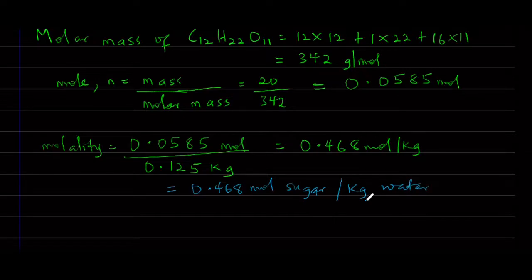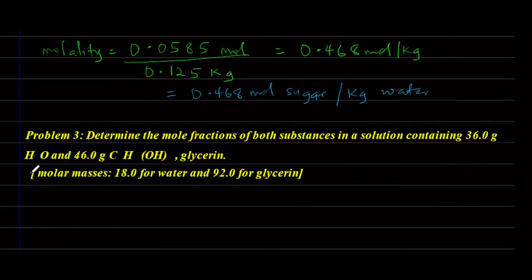So this is all about the second problem. Now let's look at the third question. The third problem says determine the mole fractions of both substances in a solution containing 36.0 gram H2O and 46.0 gram C3H5(OH)3, which is the chemical symbol for glycerin.